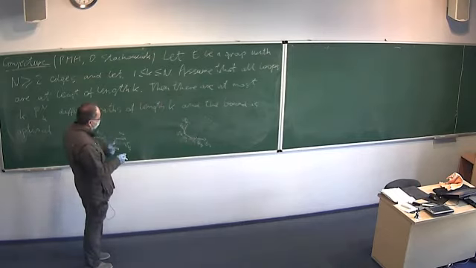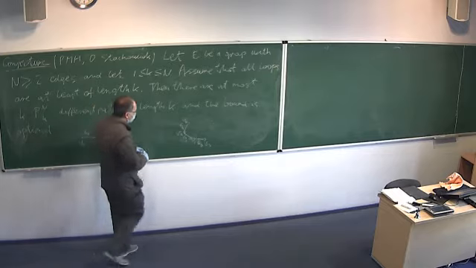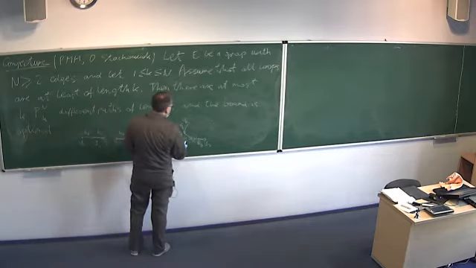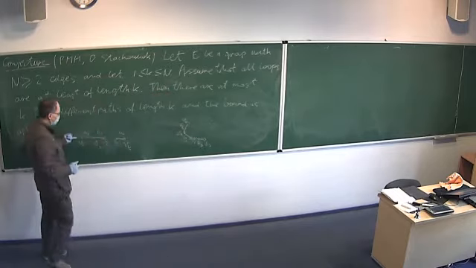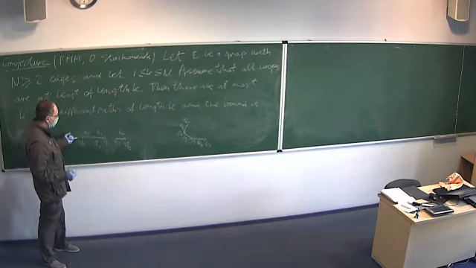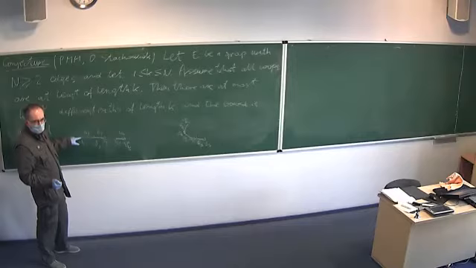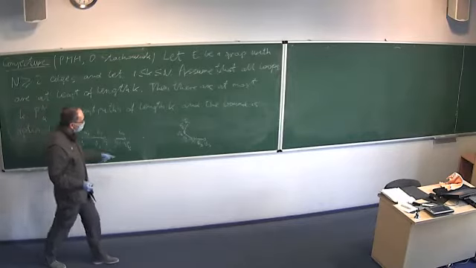But now you can see that when you look at all possible paths of length k, you can start them at any vertex. You can start them at vk, v1, v2, and so on. So you have k possible starting places. When you look at the earlier graph, the only place where you can start a path of length k is v0. There's no other place where you can start a path of length k. And here you have k places to start.